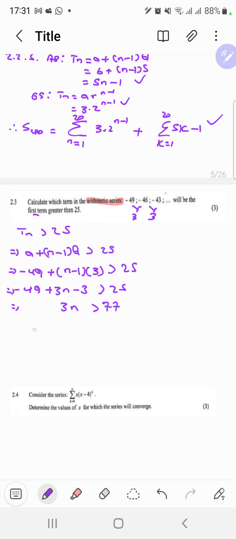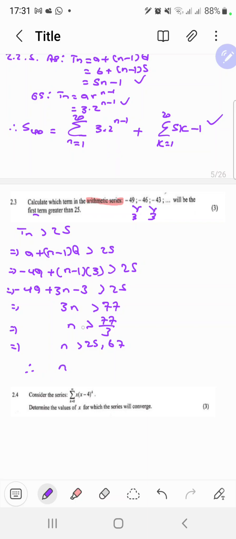Okay, this implies that our n is going to be greater than 77 over 3. What is that? So this is basically 25.666. So if we look at this one, let's just say, therefore, n is greater than 25.67. So we know that this is an element of natural numbers.